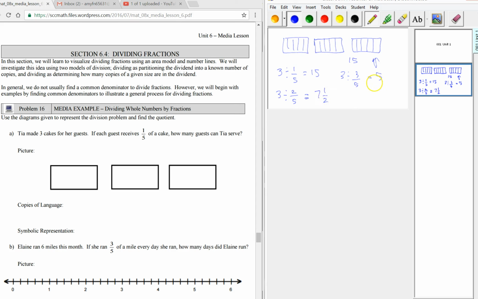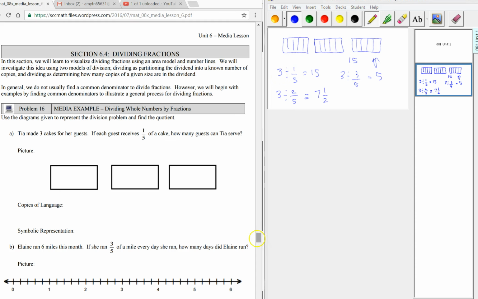I want them to see some patterns first. Then, using this idea and just having them develop it, they'll start to see patterns like, oh, look, these multiply, and then we can end up dividing. We're going to develop that more, but this is a way to get them to focus on counting the divisor number of copies in the dividend.